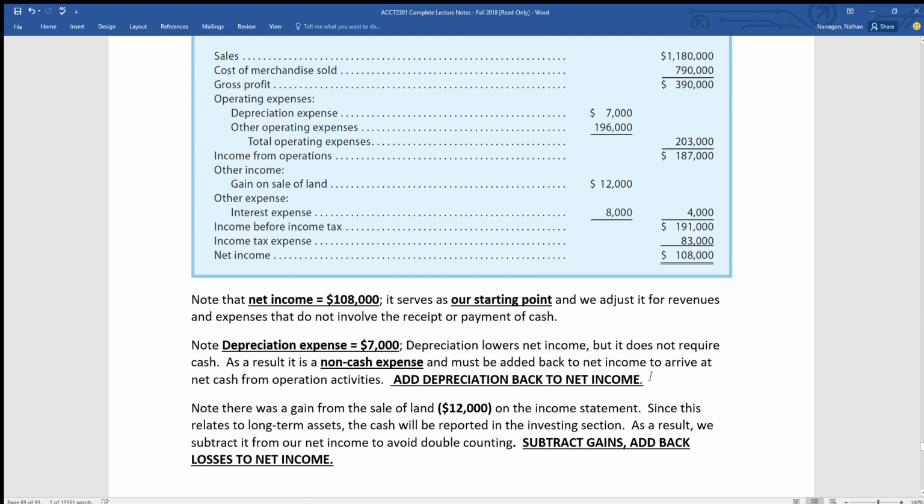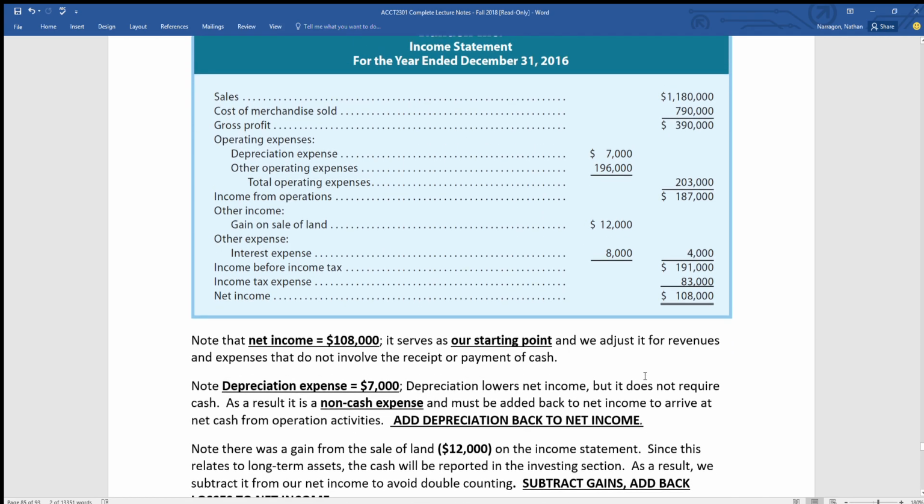Next thing we tend to look at, again, is anything that's a gain or loss from fixed assets. And you're going to see it right here. We have a gain on the sale of land. Now, with a gain, you would actually subtract this from the net income.